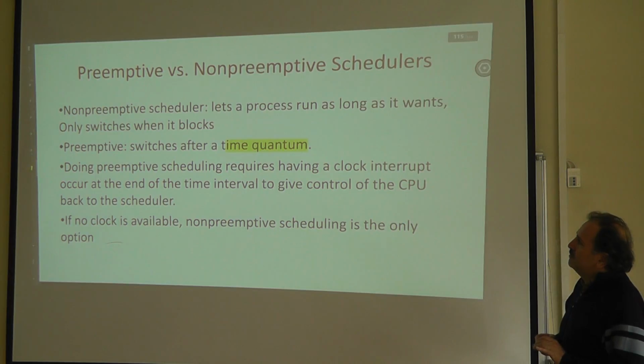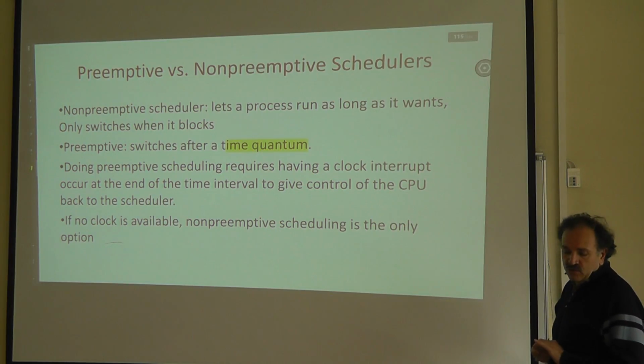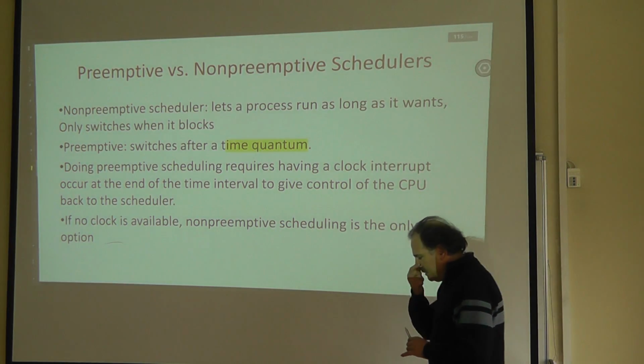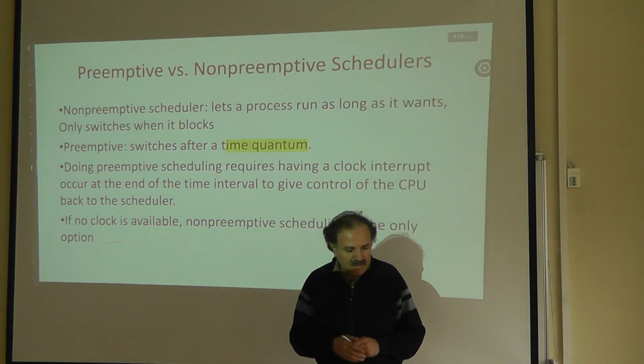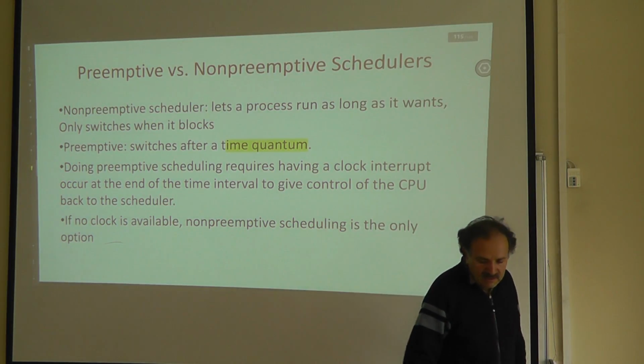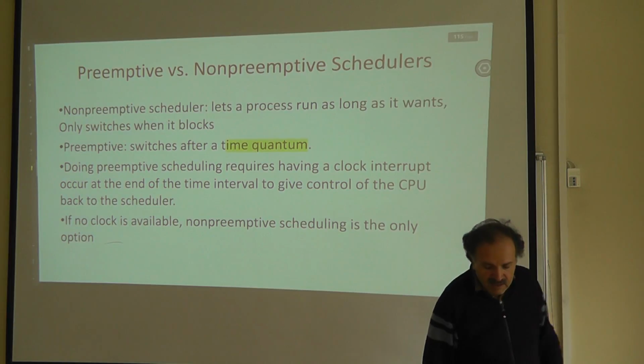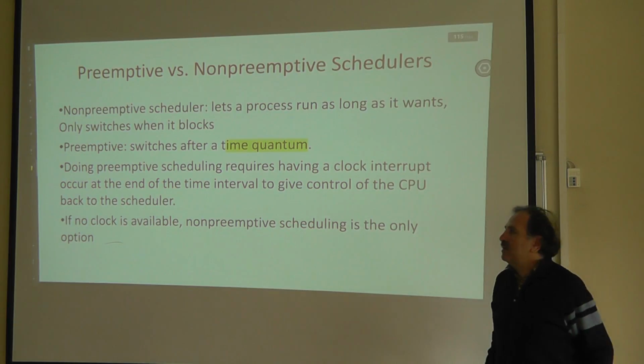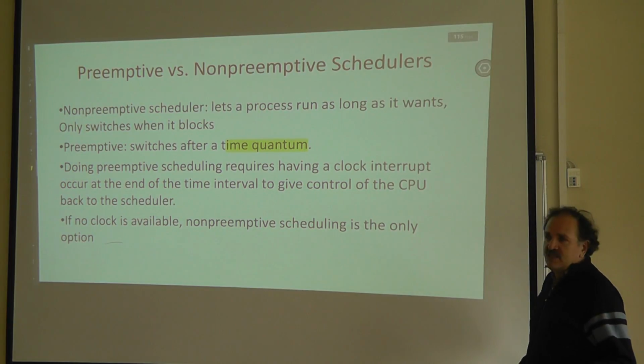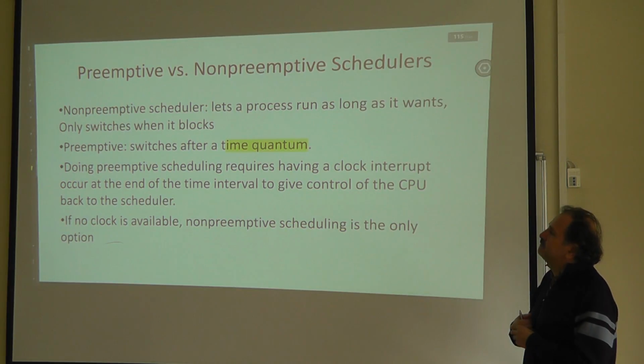This is called preemption. Okay. So most of the modern operating systems are preemptive systems. They use these time quantums, and the duration of the time quantum is something adjustable, something critical for the system performance.